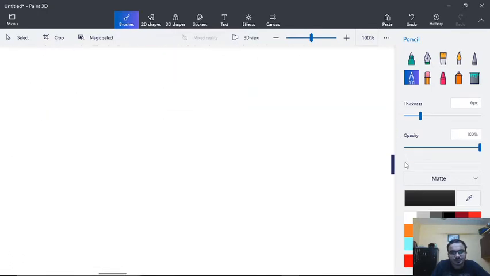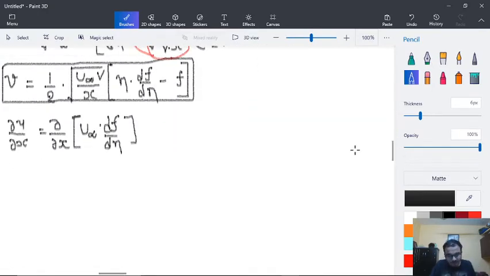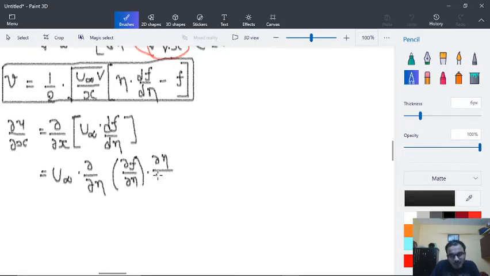Okay, now u infinity will be constant for us because it is a free stream velocity. So now we are going to differentiate the term which is inside. So here del upon del eta into del f over del eta into del eta over del x.